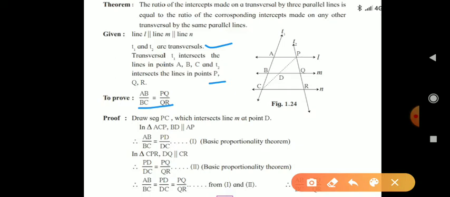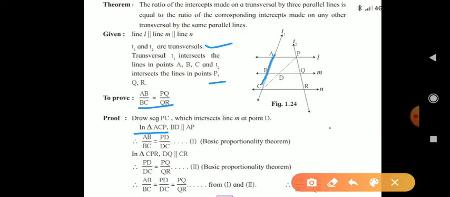Now see the proof. Draw segment PC. The dotted line in the diagram is the construction, segment PC. When we draw segment PC, it intersects line M at the point D. Then see triangle ACP.